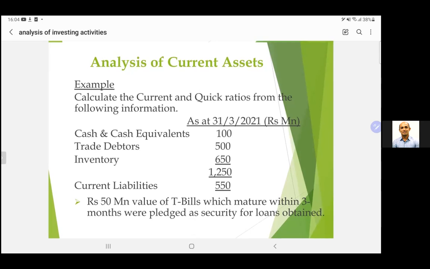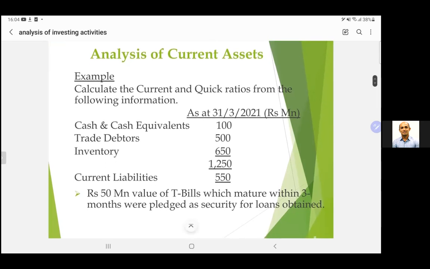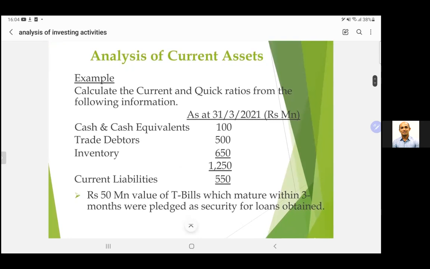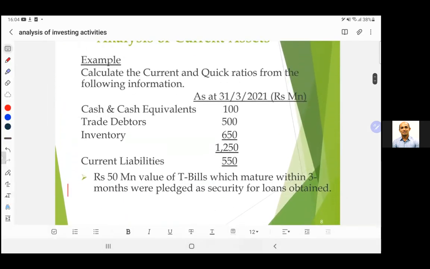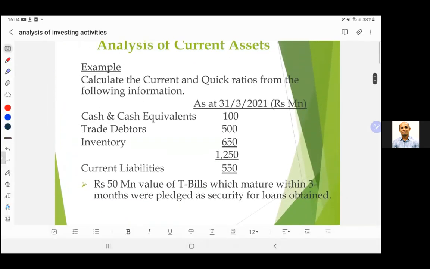You have current assets as at 31st March 2021. One of the current assets is cash equivalent. Then the current liability is 550.